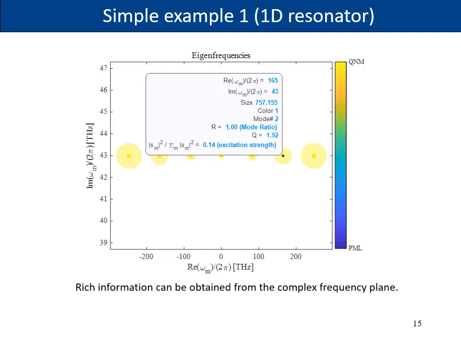Here in this system, since we rely on a trivial Maxwell solver, which does not implement any PML layers for computing the QNMs of the system, all the modes are quasi-normal modes. Therefore, in this figure, you can find that the color of all the modes is yellow.